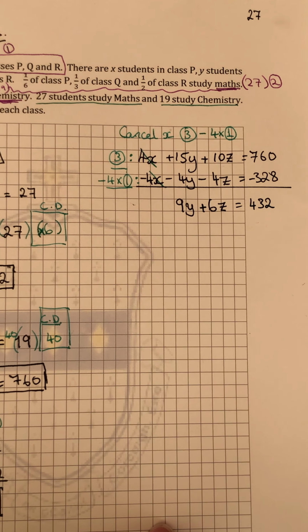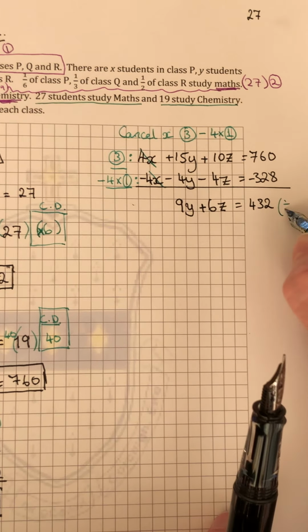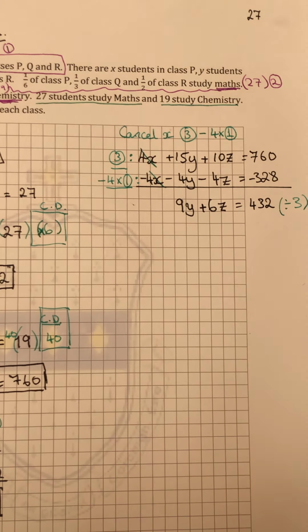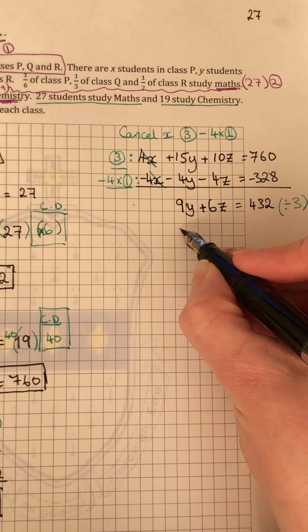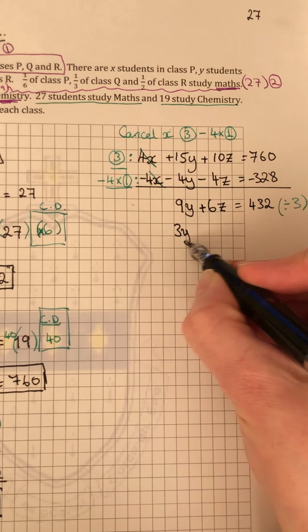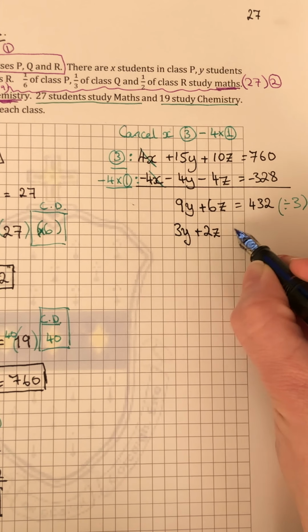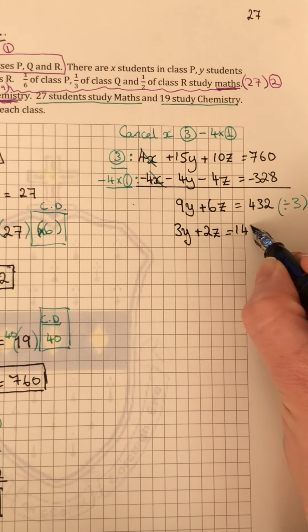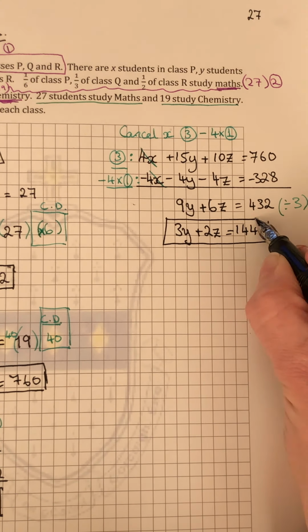So 3 should divide into all of those and simplify my life when I put equation 4 and 5 together. And because I've spotted that I can divide across by 3, I will. If you don't spot it, it's fine, it will still work out. You just might have to work with a little bit bigger numbers in the meantime. So 3y plus 2z equals 144. And that is my equation 5.